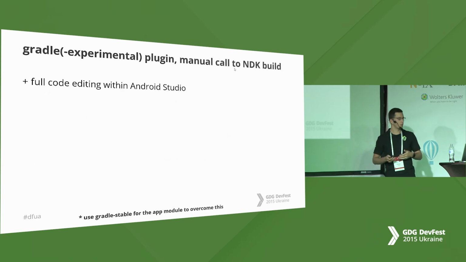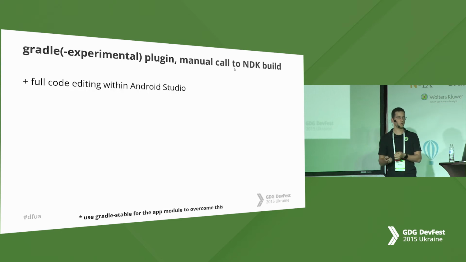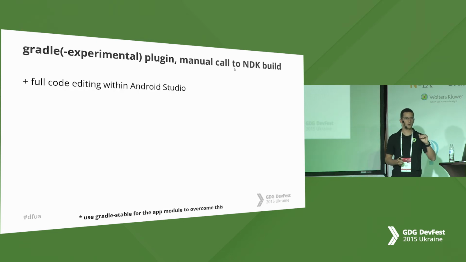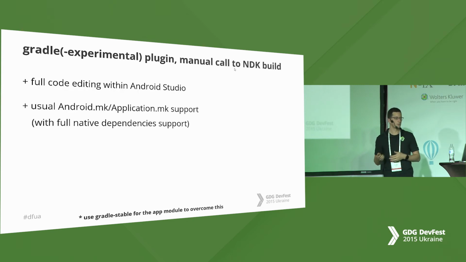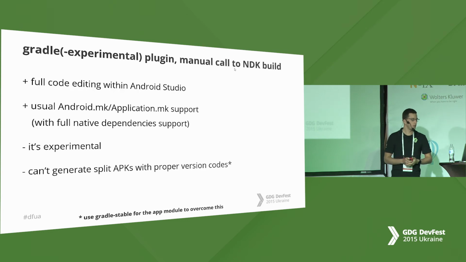One last option you can also do is to use the Gradle experimental plugin and do manual calls to NDK build, so to be able to integrate prebuilt binaries like a precompiled version of OpenCV and so on. So you get full code editing because you can properly define all the headers still from the NDK module. You have full support with the makefiles. It's still experimental.